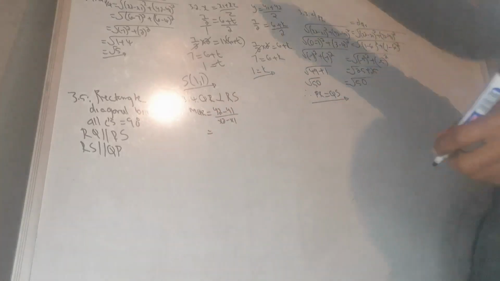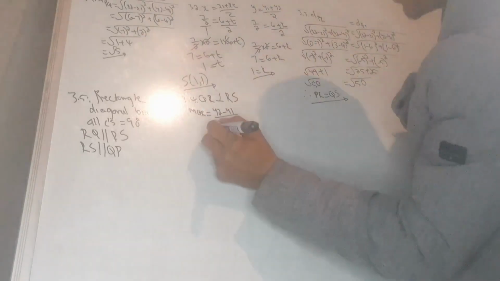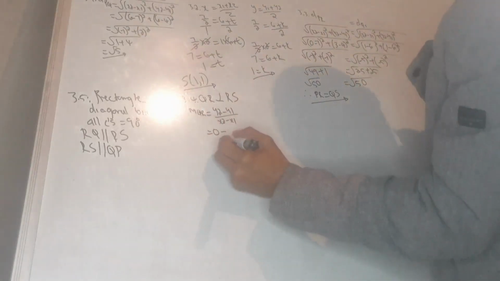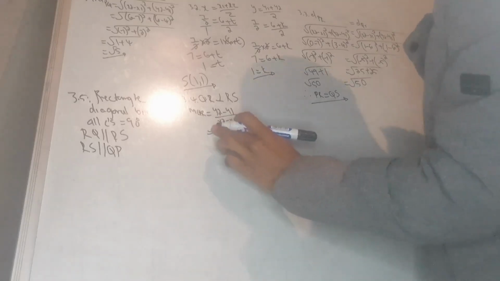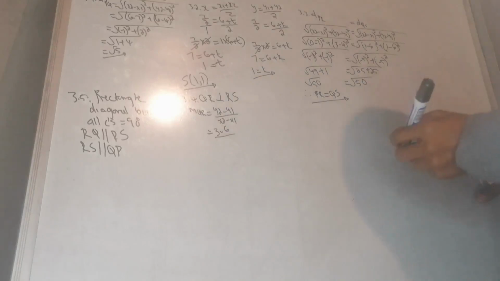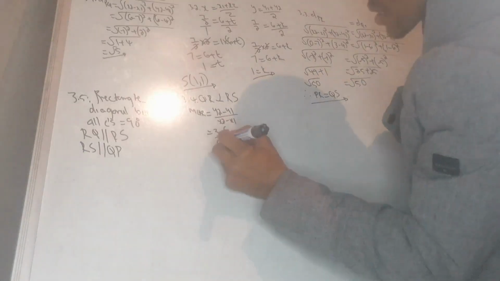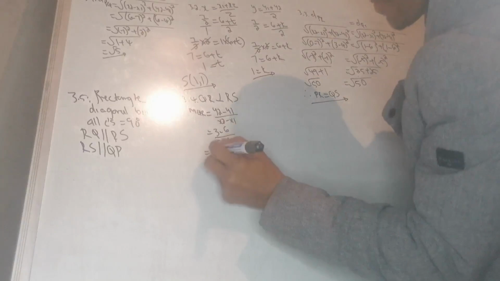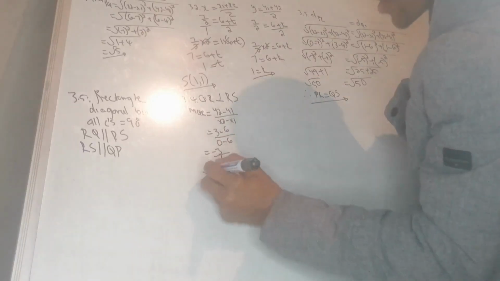For QR, I will have 3 minus 6 all over 0 minus 6. This will give me minus 3 over minus 6, which is 1/2.